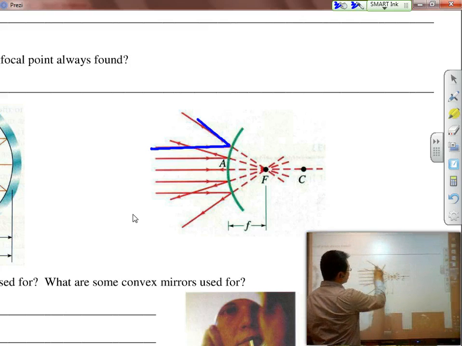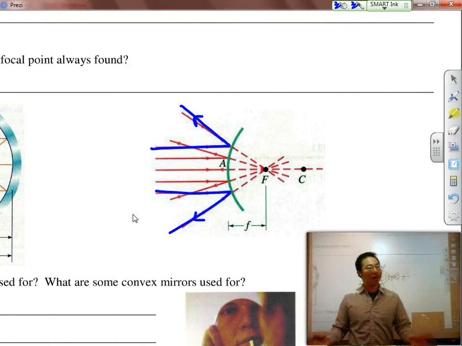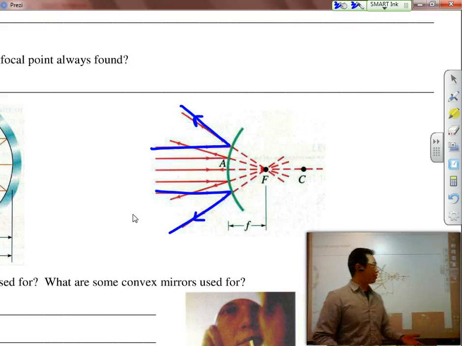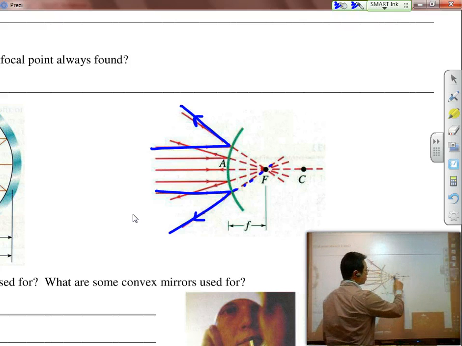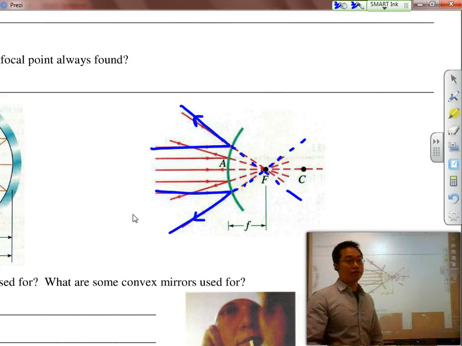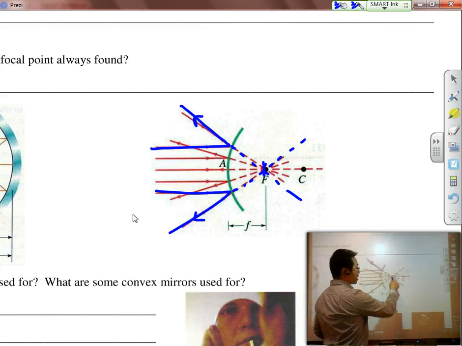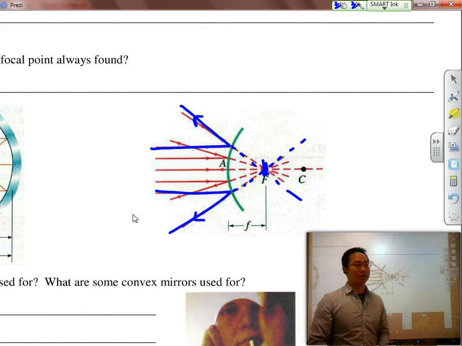They never actually come together, except if you were to trace it out and draw the lines backwards, the virtual lines that we had drawn before with the plane mirrors, there's a focal point behind the mirror. Now, is that really there?